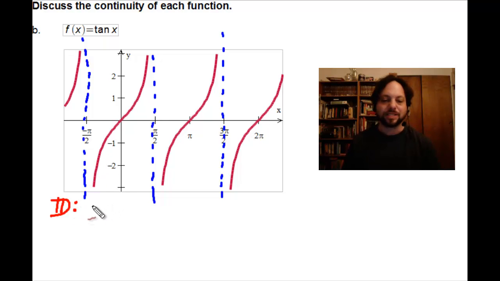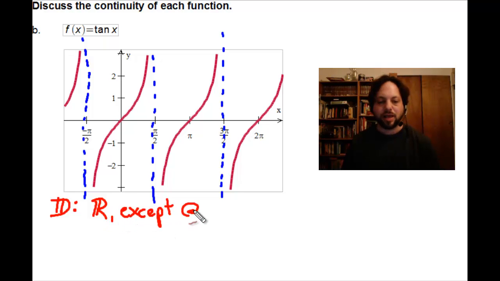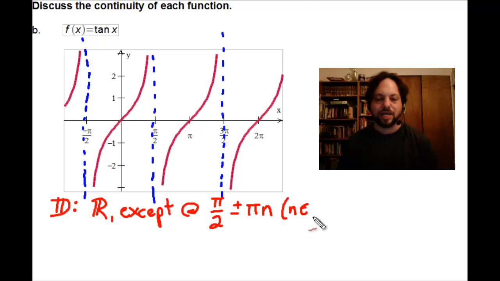Well, the domain, I'm going to say, is all real numbers except I'm going to start arbitrarily at pi over 2 and then add or subtract pi n units. And of course I should define n as being a subset of all the integers.